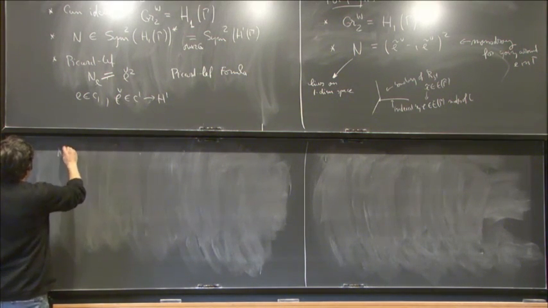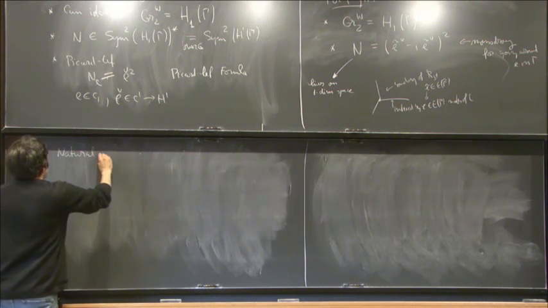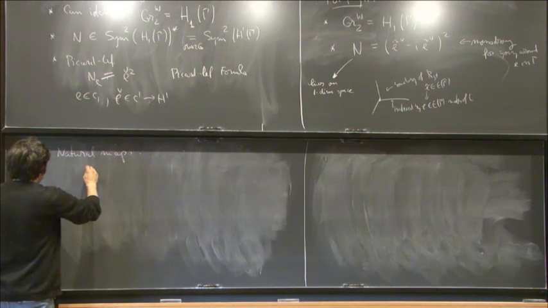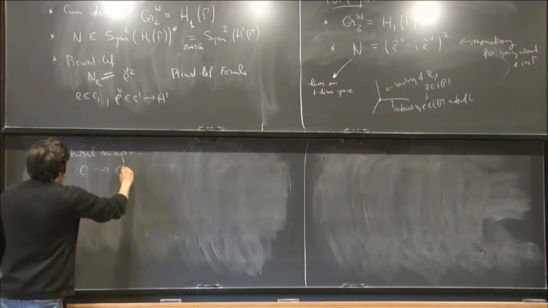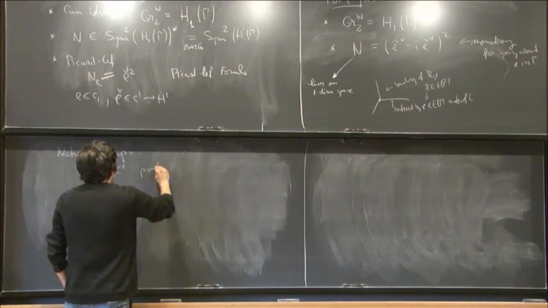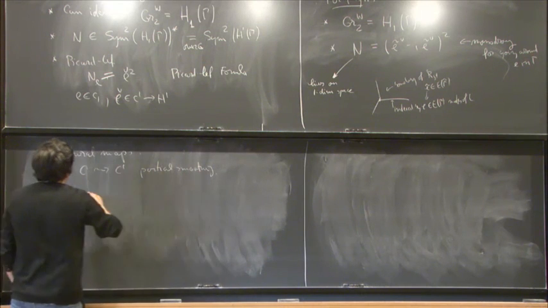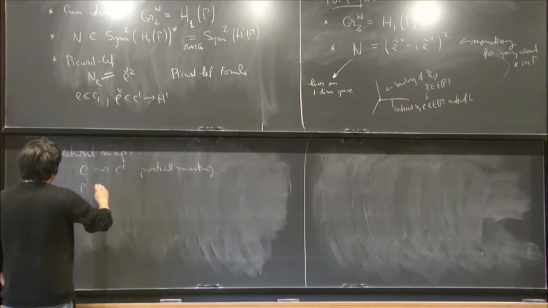you have natural maps. Let me do it in the case of curves. If you have C and you have a partial smoothing, then you have a dual graph here.